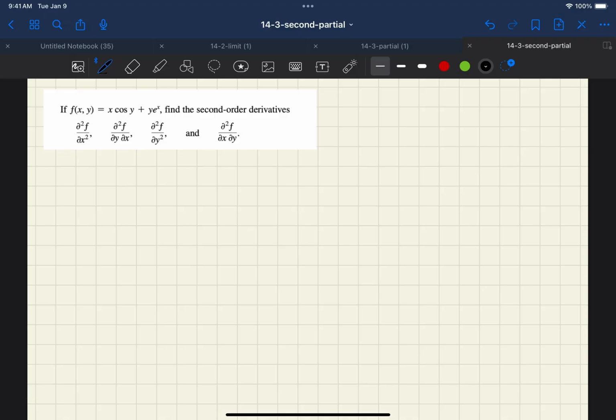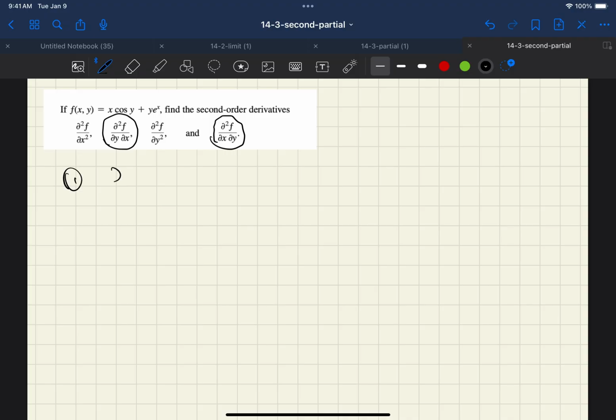For this problem, I'm going to work on this first and then this next. And I'm going to leave the other two as your own exercise. You can try this after the lecture for your practice.